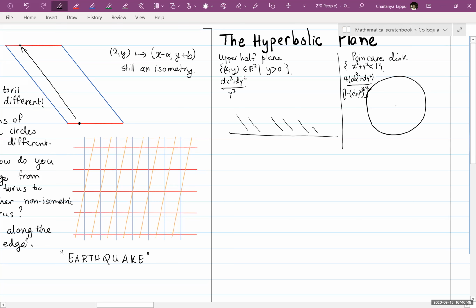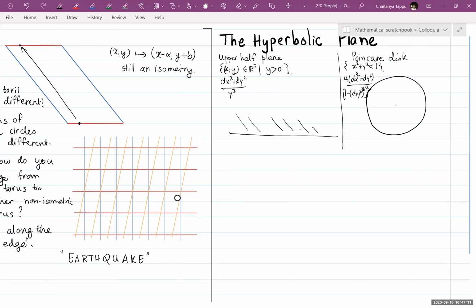Anyway, you don't need to know what this metric is, but what is interesting about this is that this has curvature -1, constant curvature -1, whatever that means. What are geodesics in this space?